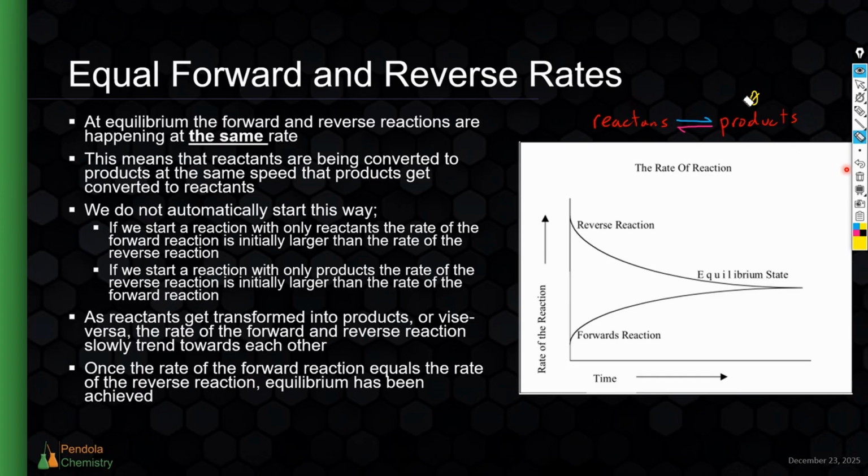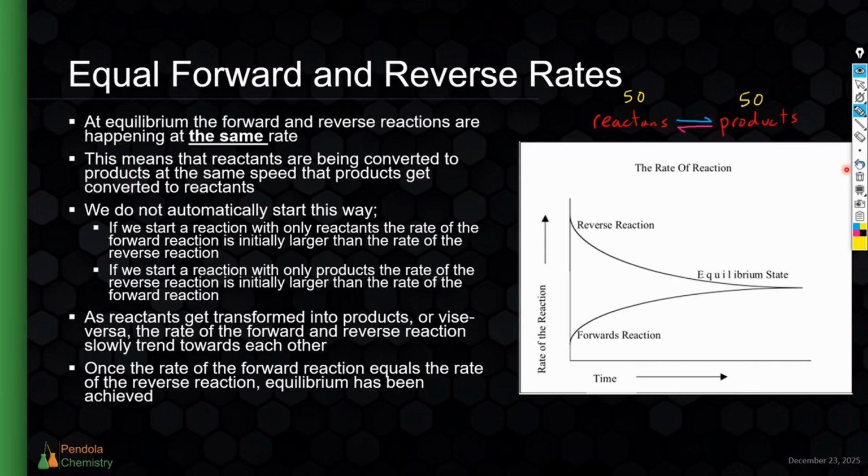Or we can start with nothing but the products, so 100% of the chemicals present are products and 0% are reactants, meaning the reverse reaction is going to happen. Because remember, since this is reversible, it can go in either direction. Or we could even have 50-50, where 50% of the chemicals are products, 50% are reactants, and both the reverse and forward reactions are happening at the same time.